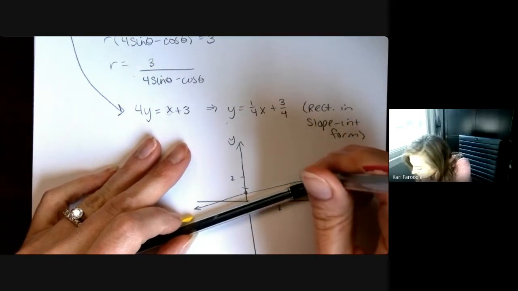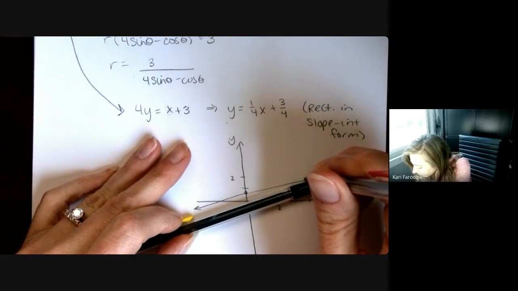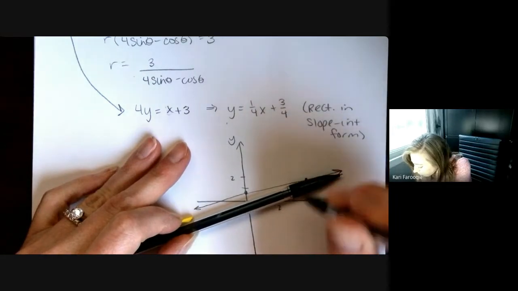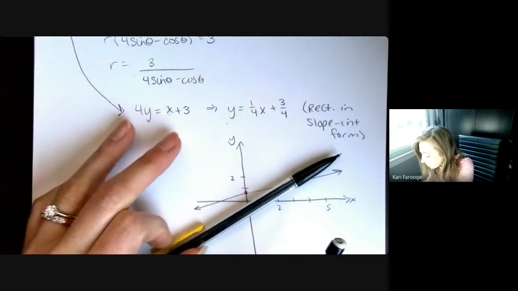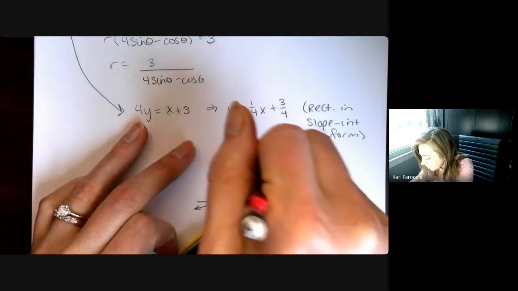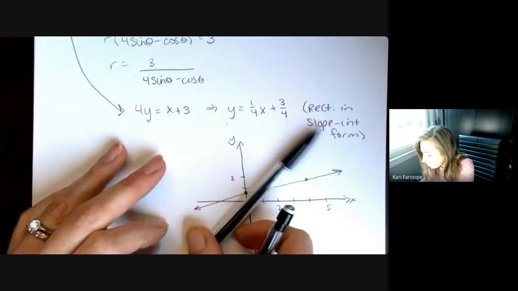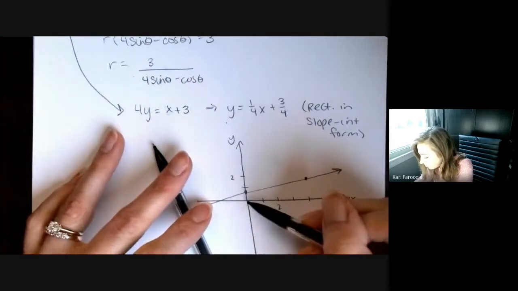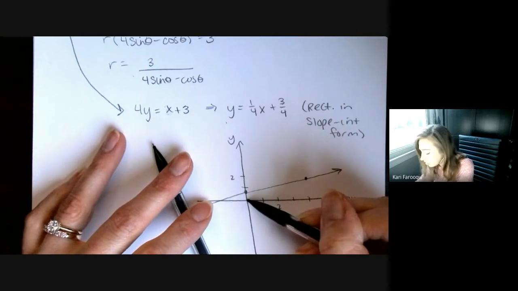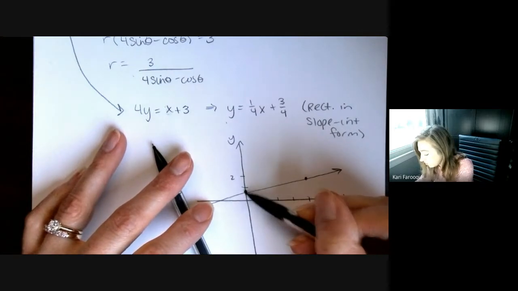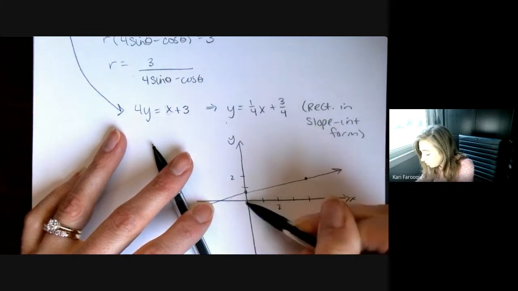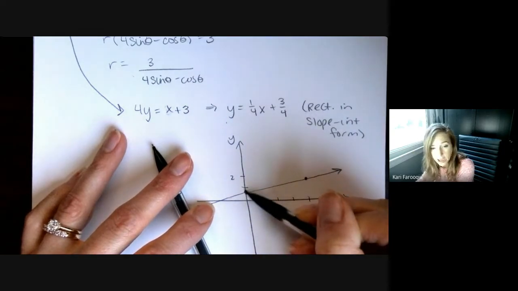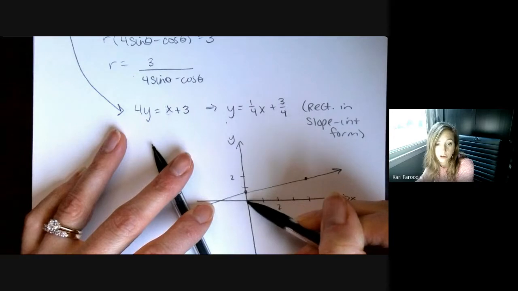But as you start here at this angle and continue to go upward, notice that the radius is actually decreasing. Your angle is going up, but the value of r is going down, because r is just the distance between the origin and wherever this point is. The distance between the origin and this point is much greater than the distance between the origin and that point. This is what is represented by r.